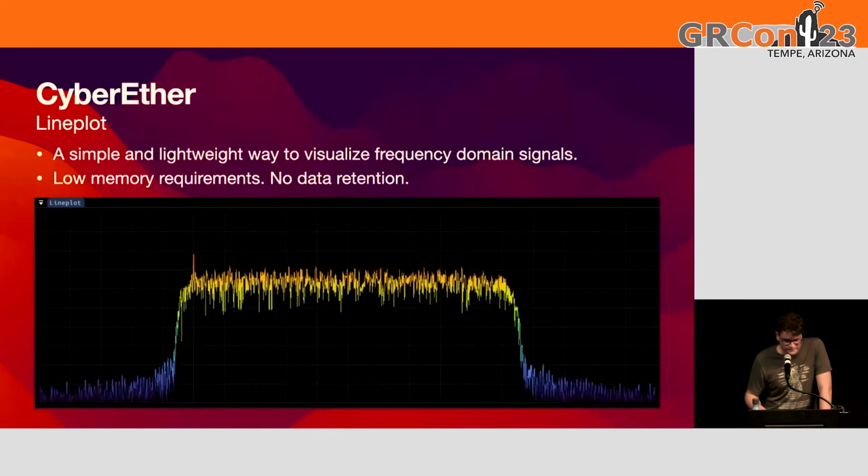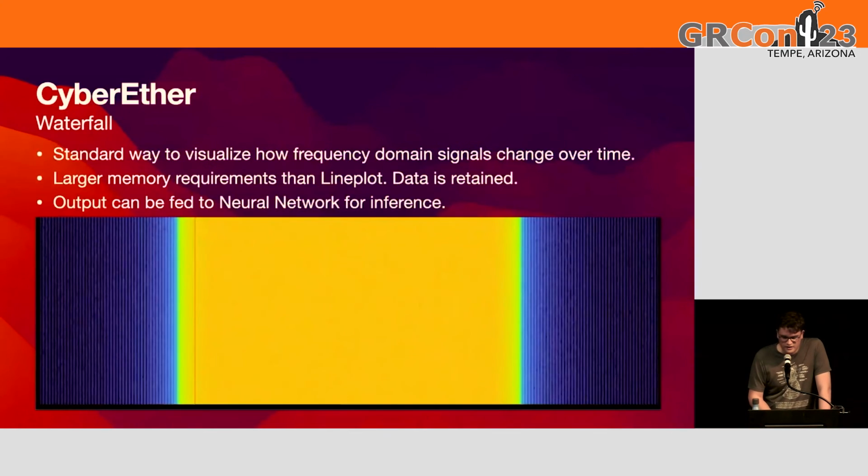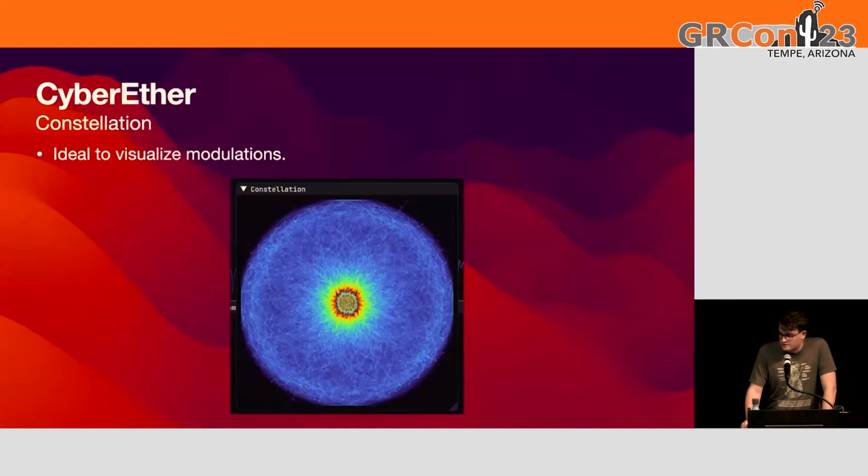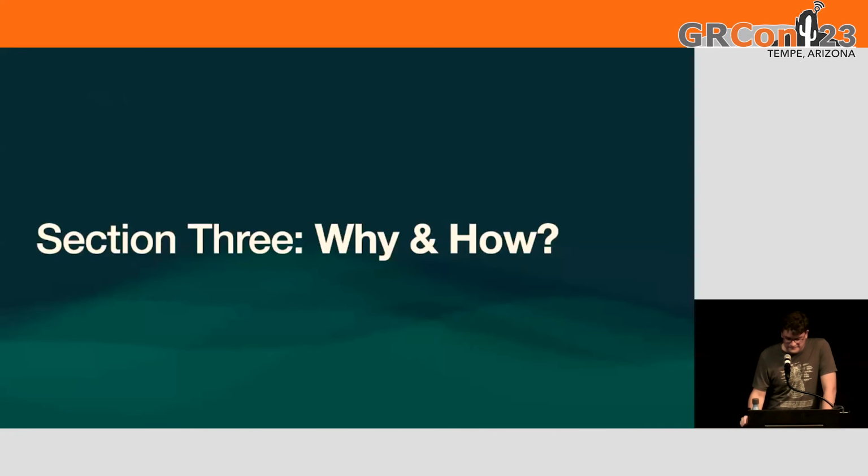Also the line plot, you guys saw, the waterfall, if you're familiar, and also the spectrogram, arguably not a good name, but it works. And also the constellation, that I also call ARB.